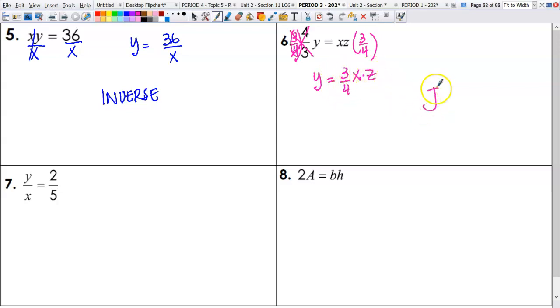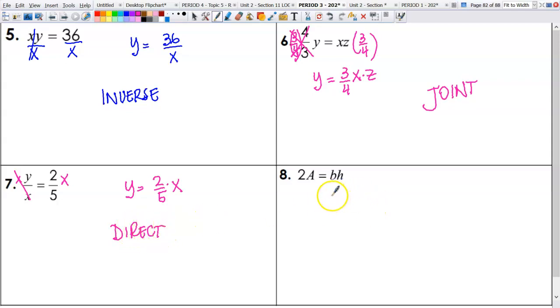And we see right away the three variables, and we know that is joint. This one, we have to multiply by x, move it to the other side. So we end up with y equals 2/5 x. The 2/5 is the constant of variation and it is multiplication, so we have a direct variation, right?